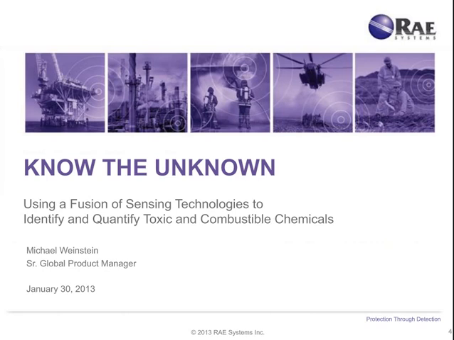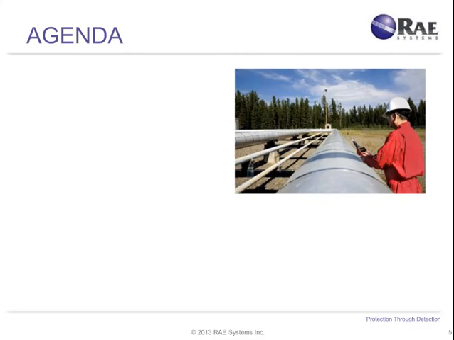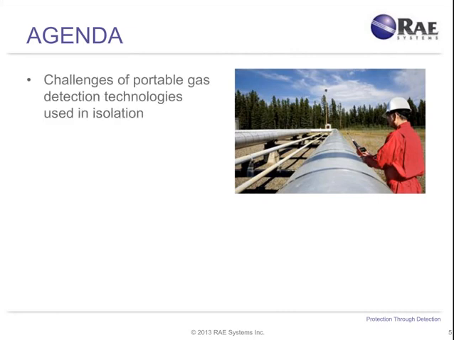Today we're going to talk about how you can combine various sensor technologies, something we refer to as sensor fusion, to add value to identifying and quantifying toxic and combustible chemicals. Specifically, we're going to look at existing portable gas detection technologies and review their pluses and minuses.